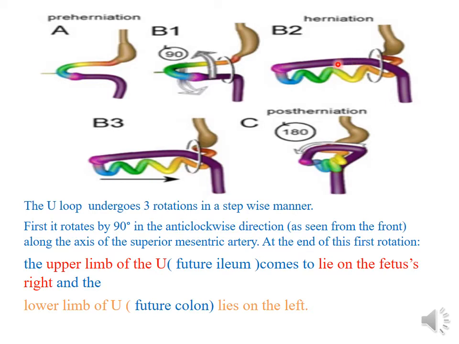Here you can see that this is the caudal limb, whereas this becomes the cranial limb. So the upper limb of the U-loop or the future ileum comes to lie on the right side, whereas the lower limb or future colon lies on the left at the end of the rotation process.